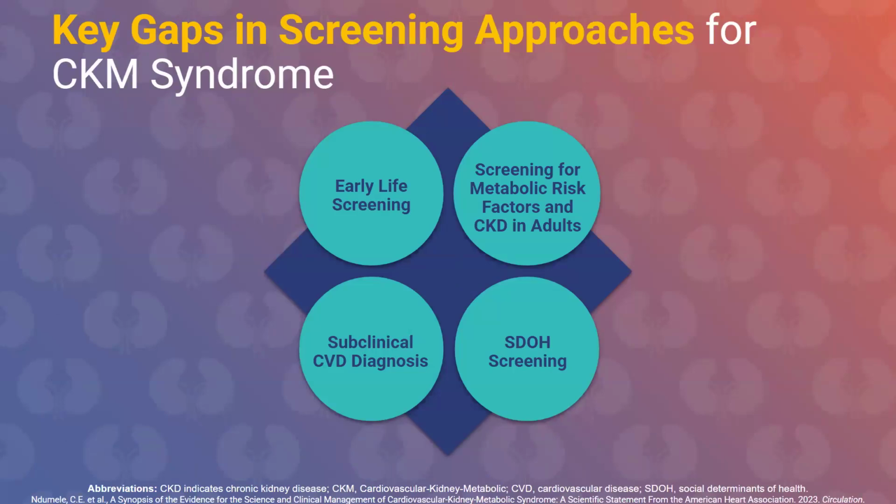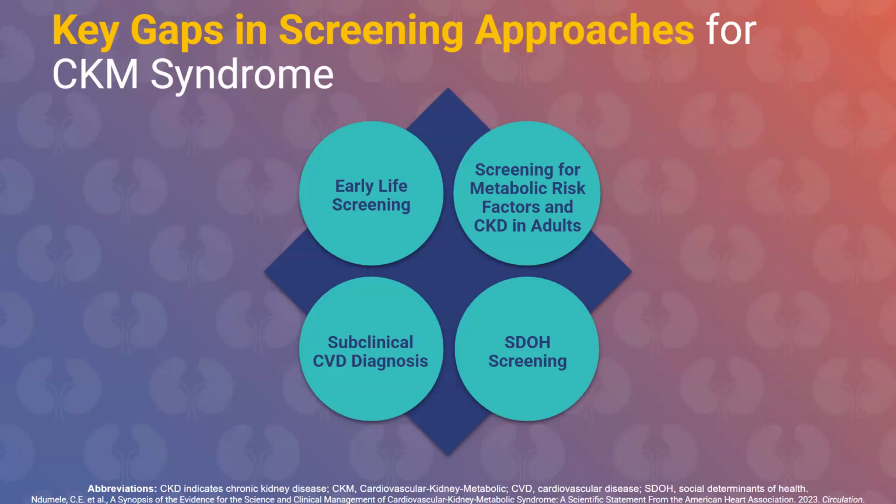This is a broad understanding, but there are key gaps in screening approaches for CKM syndrome. And I think this is where the KDIGO group was struggling, that if you go by the paradigm of the CKM syndrome, it would argue really for early screening, early life screening, as well as earlier screening for kidney disease, knowing full well that there are no clear guidelines at the moment in the kidney world.